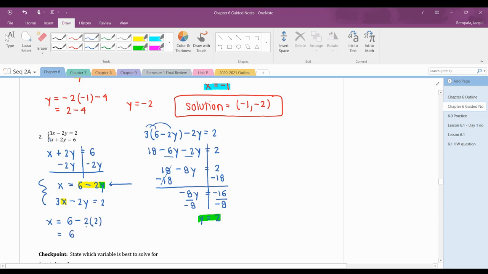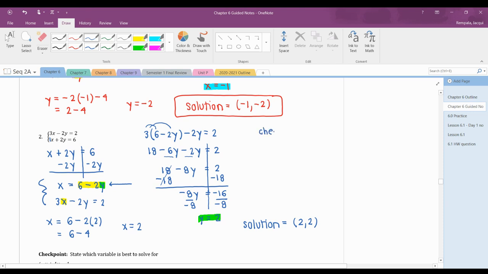Well, 2 times 2 is 4, so we really have 6 minus 4. So then we get a value of x to also be 2. So that means that we think that our solution is the ordered pair 2, 2. But until I absolutely check my answers, I'm not going to circle that solution.